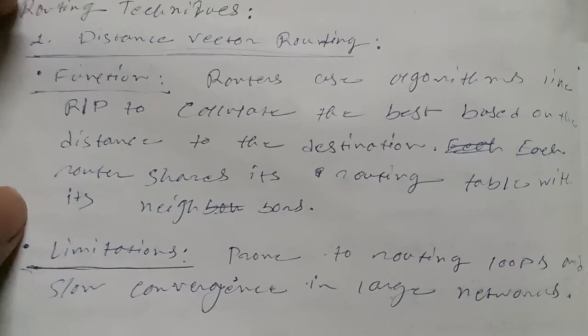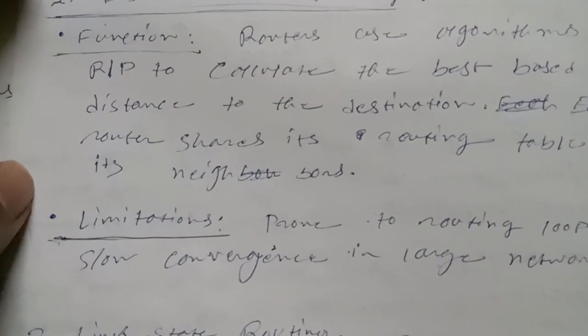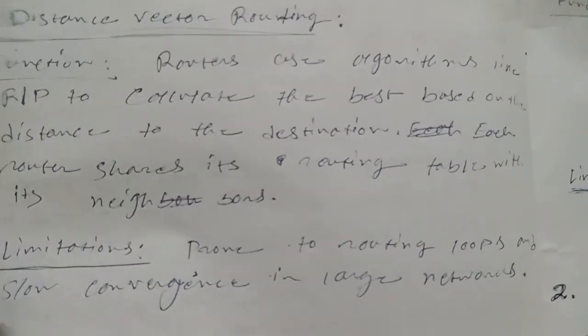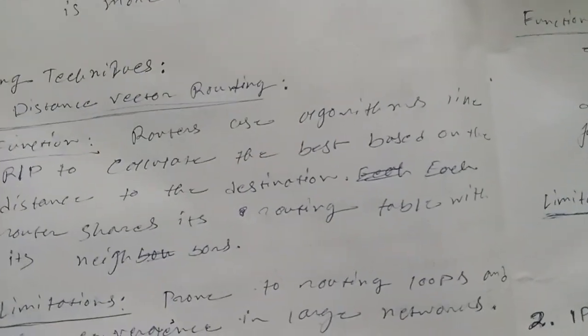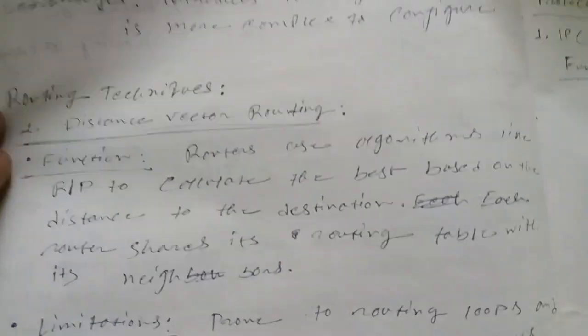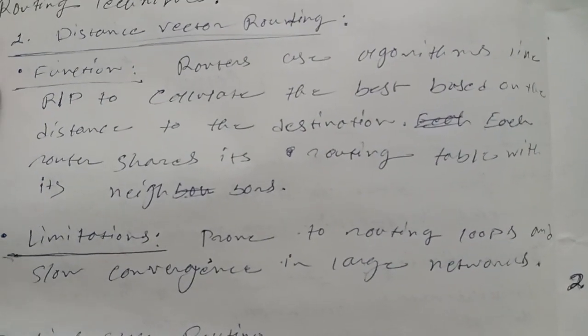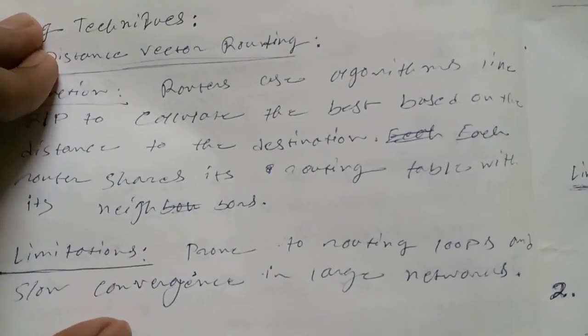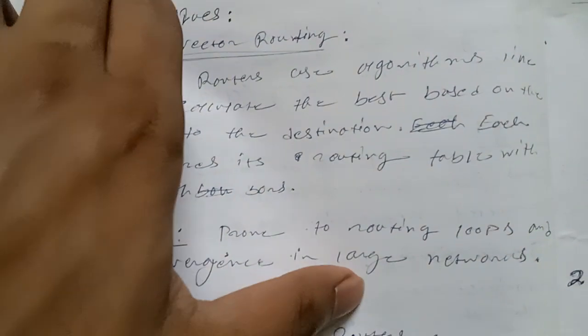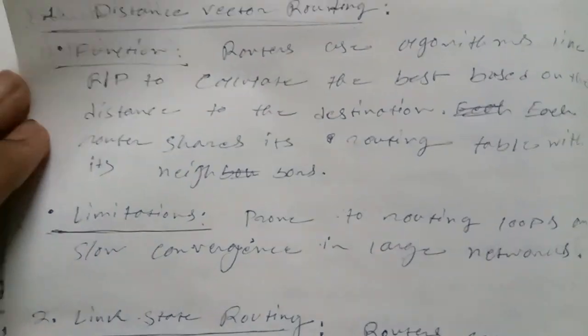Each router shares its routing table with its neighbors. The limitations: it is prone to routing loops and slow convergence in large networks.